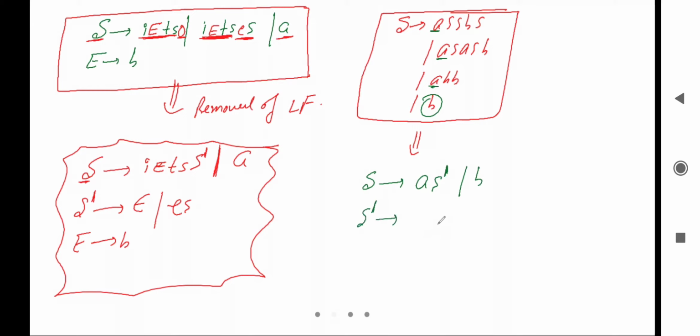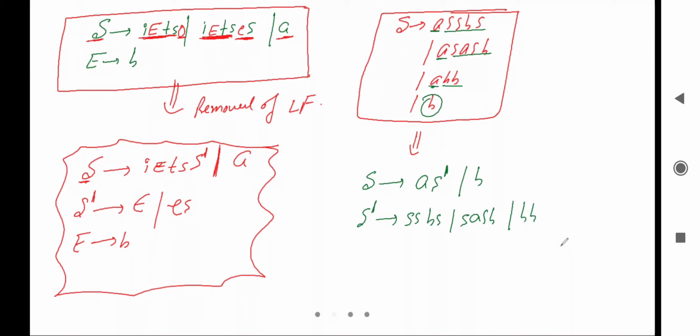We can generate the remaining portion of this one and this one. It means we can generate S b S, or we can generate a S b, or we can generate double b.